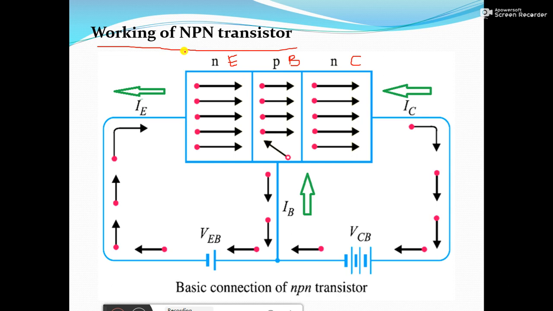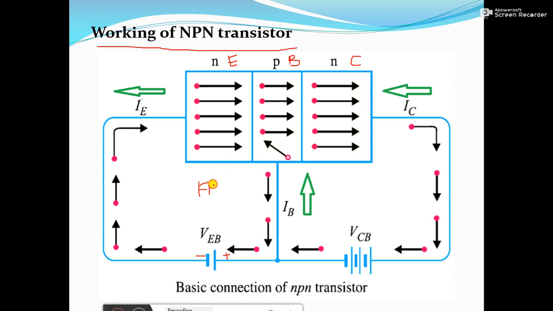If you want the transistor to be operated in active region, the emitter to base junction should be forward biased. As you can see here, the N terminal is connected to the negative terminal of the battery and the P terminal is connected to the positive terminal of the battery. I can say the emitter to base junction is forward biased.